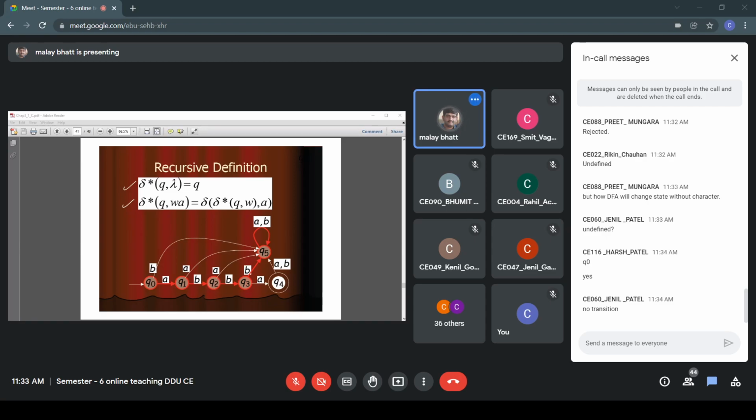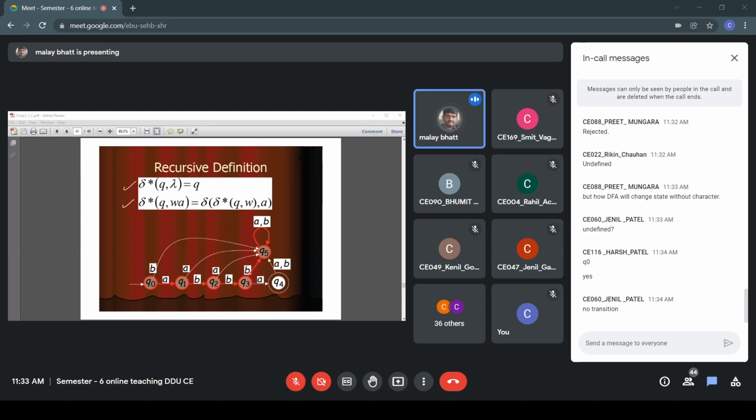So what it tells is how this process works if you want to traverse the whole string. You separate the last character from the given input string, and you traverse the remaining input w, other than the last symbol. As per delta star, delta star of q comma w will give you some output state.